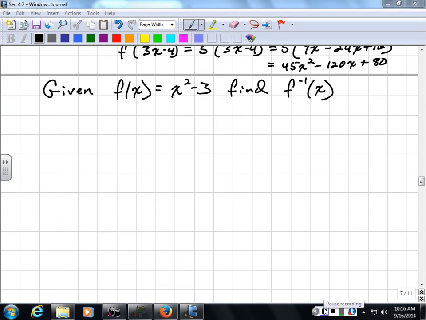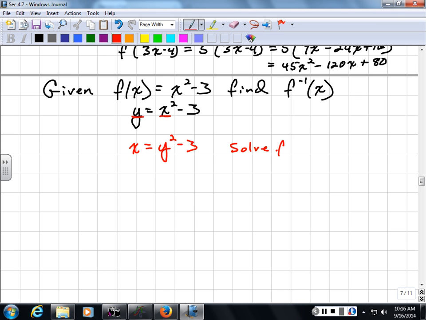Okay, given a function, you want to rewrite it as y equals x squared minus 3. And then you want to invert the y and the x, right? This is x is equal to y squared minus 3. And then you want to solve for y, which means that I'm going to add 3 to both sides of this thing.